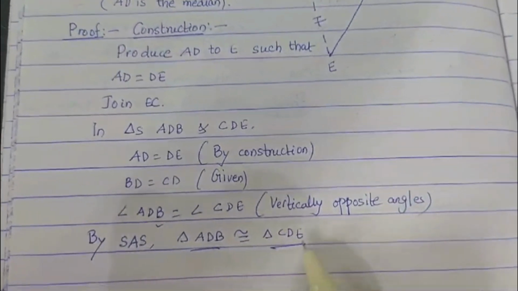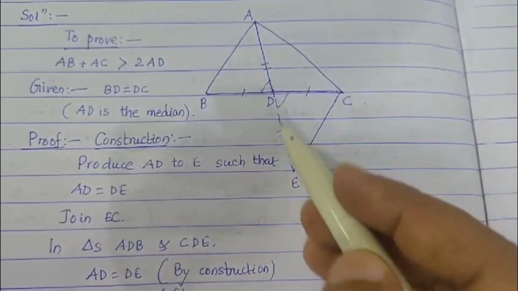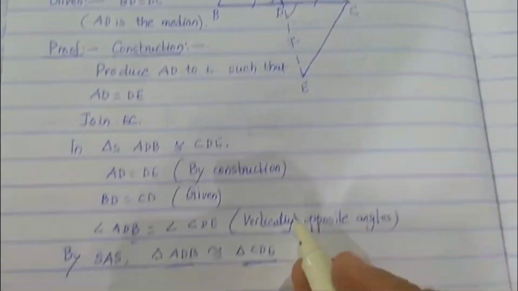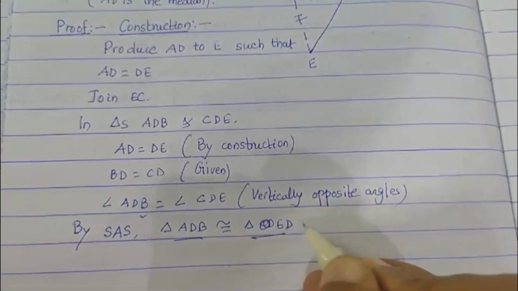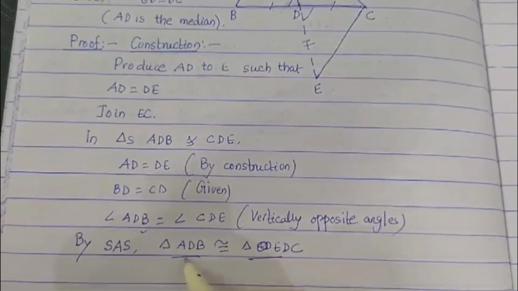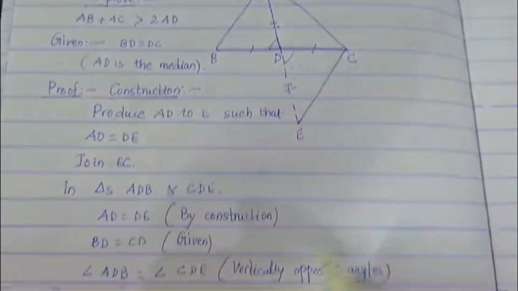Or rather ADB and EDC, this would be better, because AD and DE are equal, BD and CD are equal.